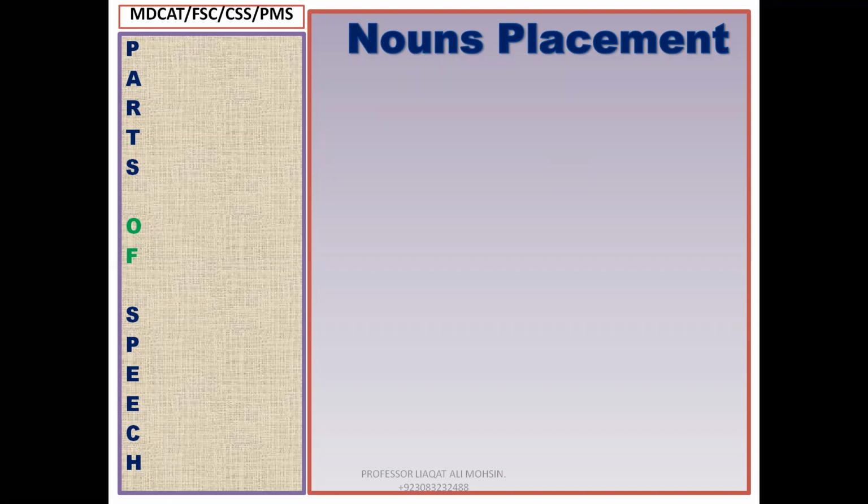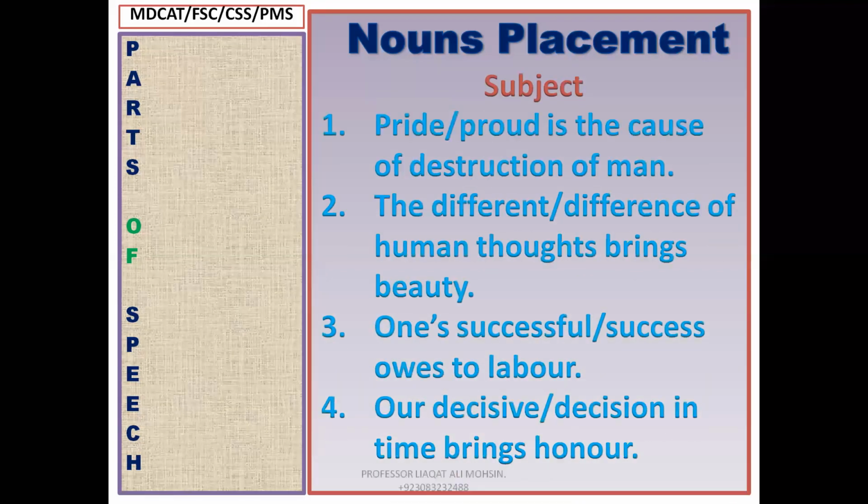Whenever we read a sentence, we have to find out whether the word written in that particular place is a noun or not. If it is, how can it be changed, how can it be replaced? Definitely, as we have studied in the introduction of the parts of speech, similar parts of speech have similar functions. It means that they can be replaced.